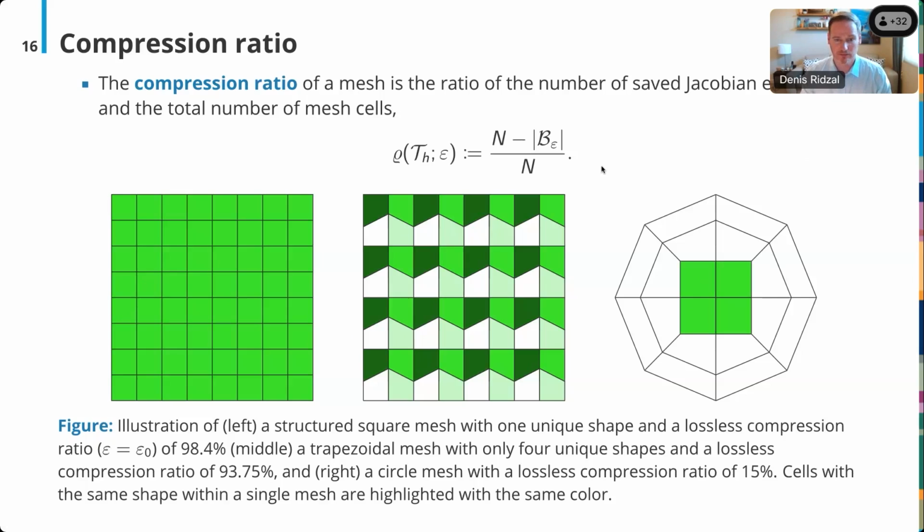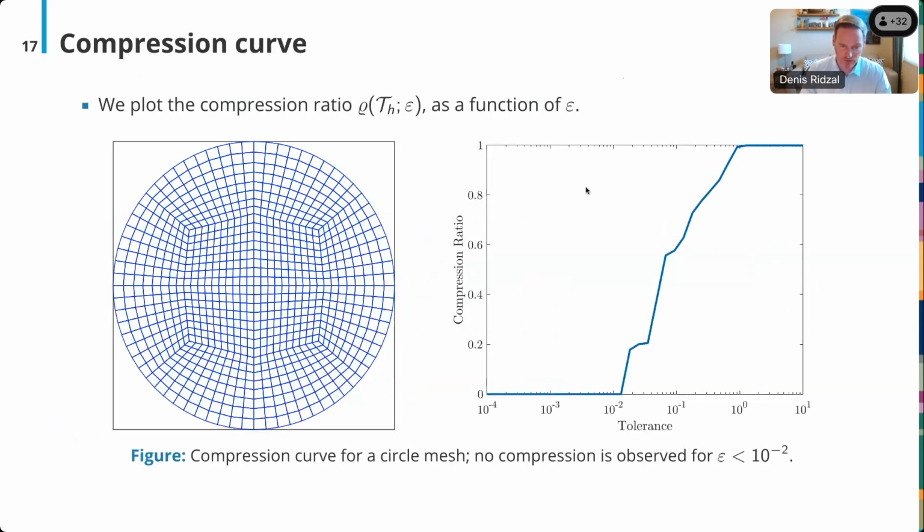The second concept that we will need for later is that of a compression curve. And all that is just a plot of the compression ratio as a function of epsilon. So as your tolerance, epsilon, increases here, you will get, of course, 100% compression because everything ends up looking the same. Then there's going to be an area here between 0 and 100%.